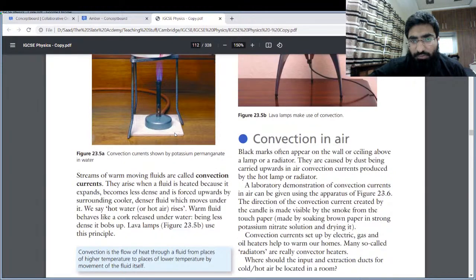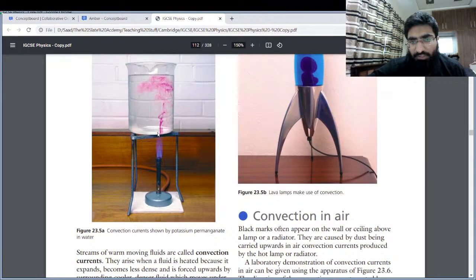The way it works is, for example, we are heating this beaker with water in it. If we heat it here, the molecules at this place, as their energy rises, vibrate more. The distance between these molecules would increase.